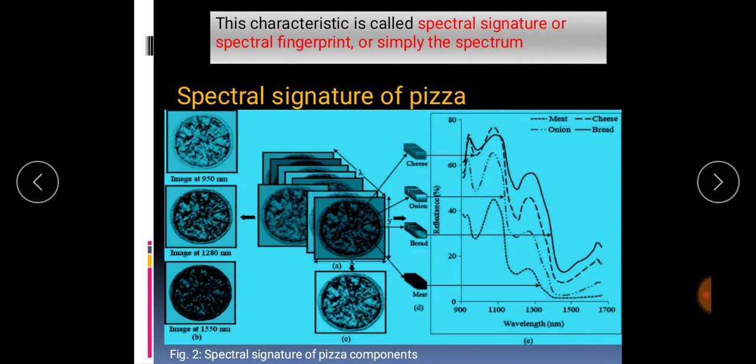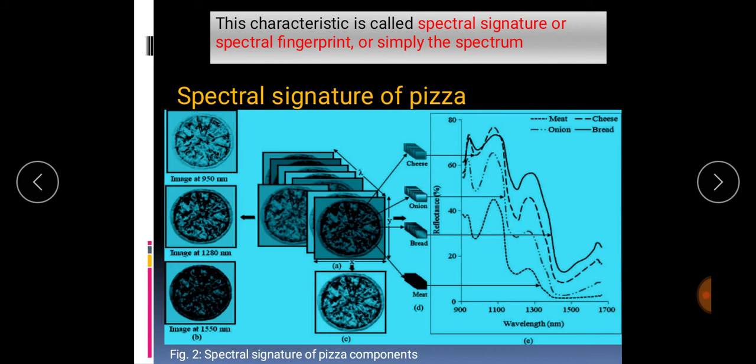See, different food materials. Suppose you take the example of a pizza. This pizza has what? One part is cheese, one part is onion, bread, meat, and each different material has a different spectrum. This material has a spectrum like this, this material like this, and that one like this. But suppose your pizza has a bad material. Suppose by mistake your pizza has some iron content, some physical contaminant.